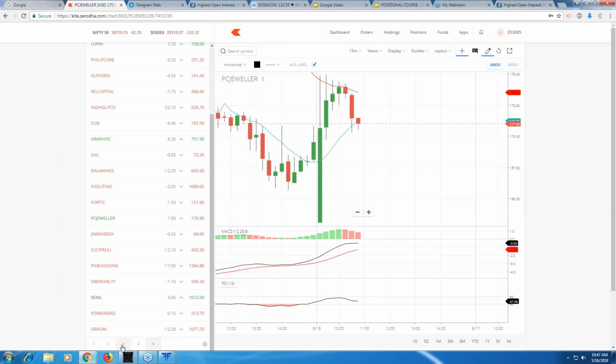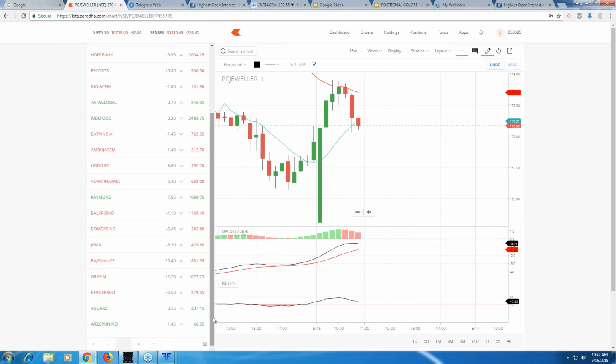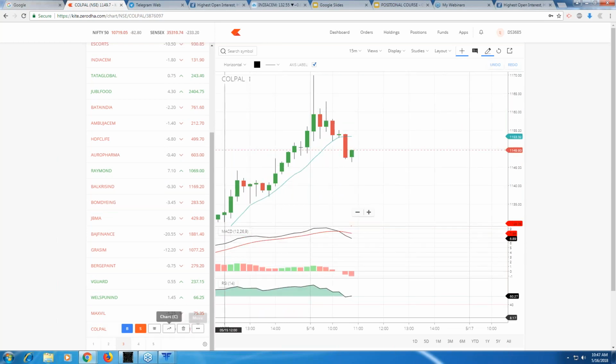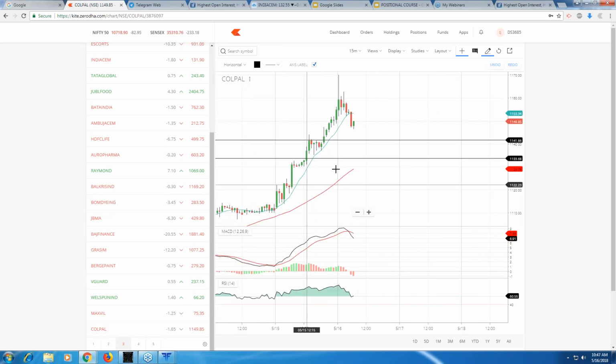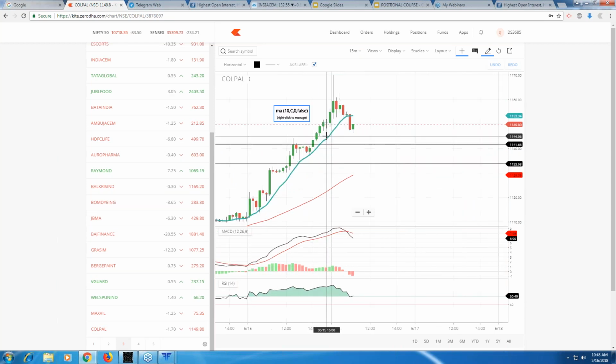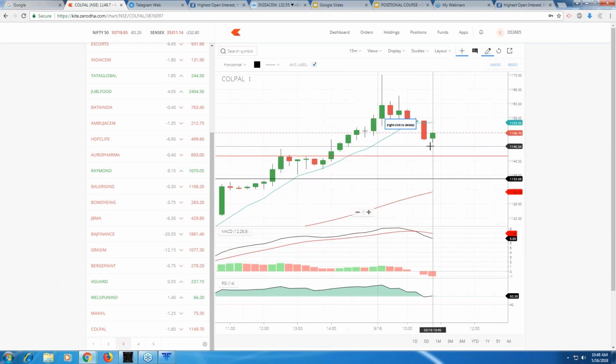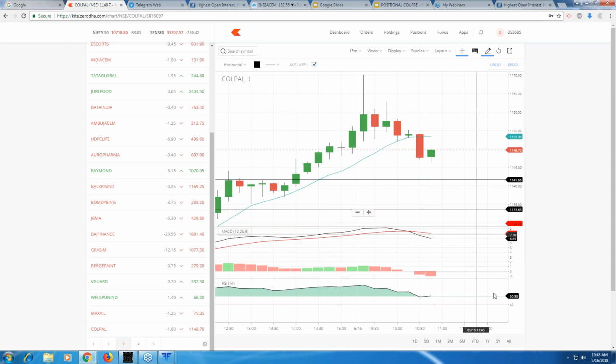Let me just show it to you. Colgate-Palmolive here. So we gave it here at 1148. Let me show you at about 2:30 here. We gave a buy at this place, 1148.